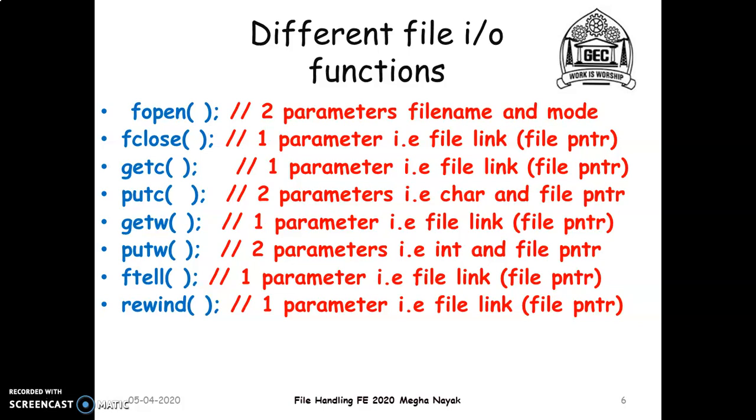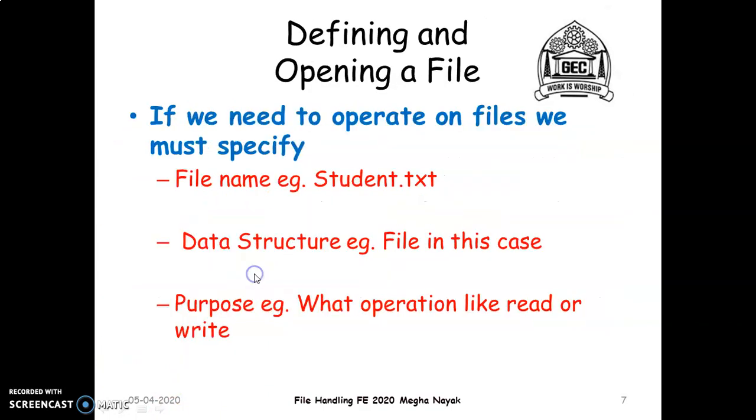The cursor at the moment is after the character O. So in case you do rewind now to this particular file, the cursor will come and sit at the beginning of the capital H. fseek is a function which I will illustrate and then explain to you in my later programs.